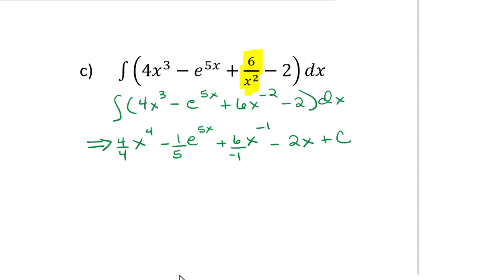Let's go ahead and clean this up. We get x to the 4th minus 1/5 e to the 5x minus 6 over x minus 2x plus c.